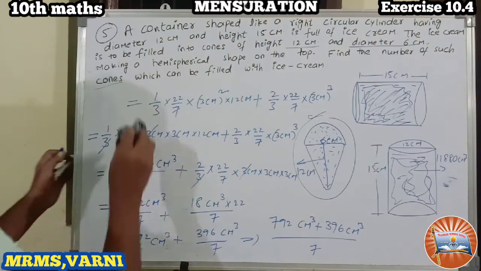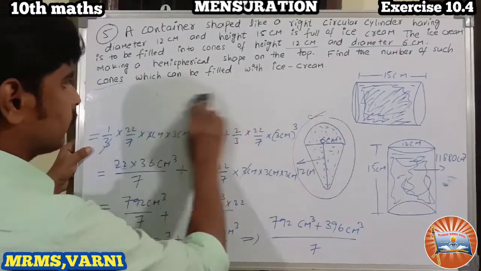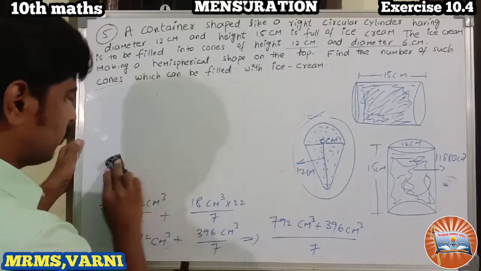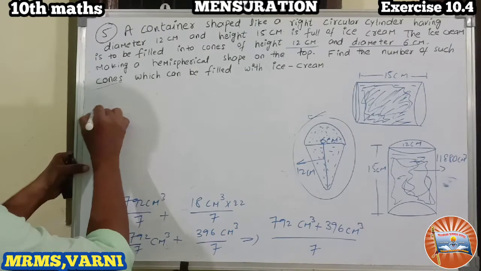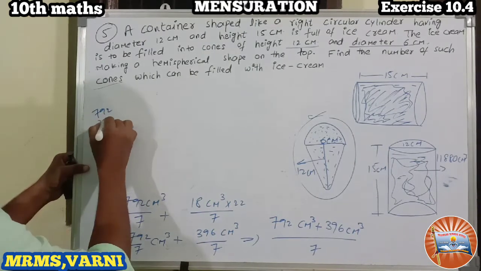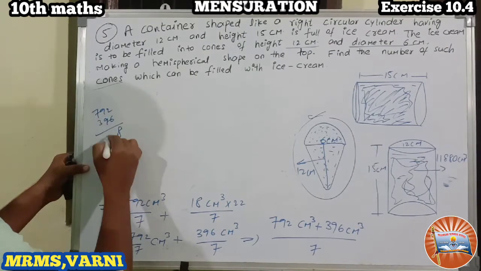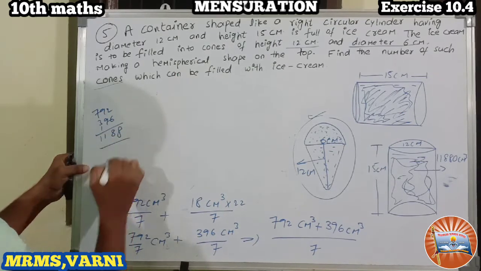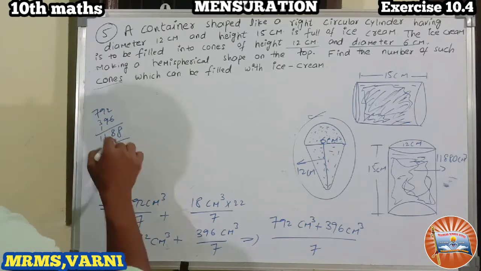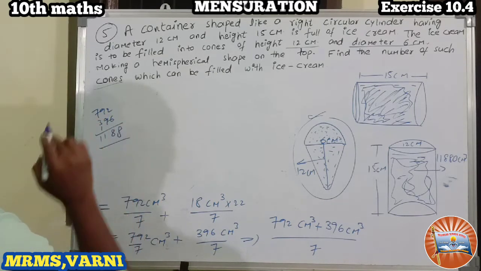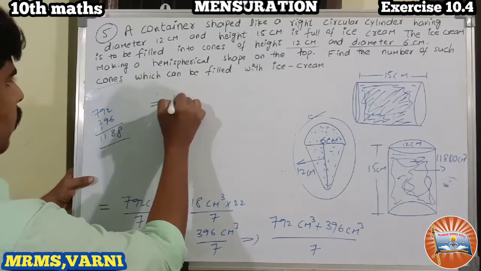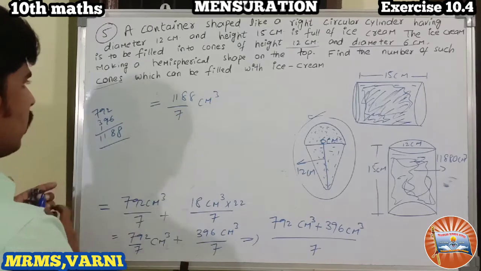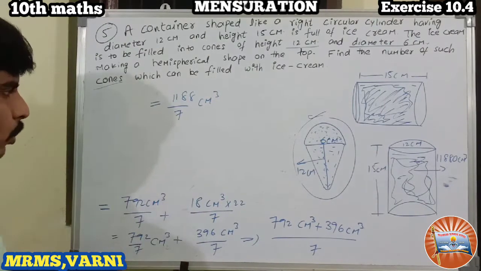Okay, I'm going to erase. 792 plus 396 is 1188. So 1188 by 7 centimeter cube is the volume of the ice cream cone.